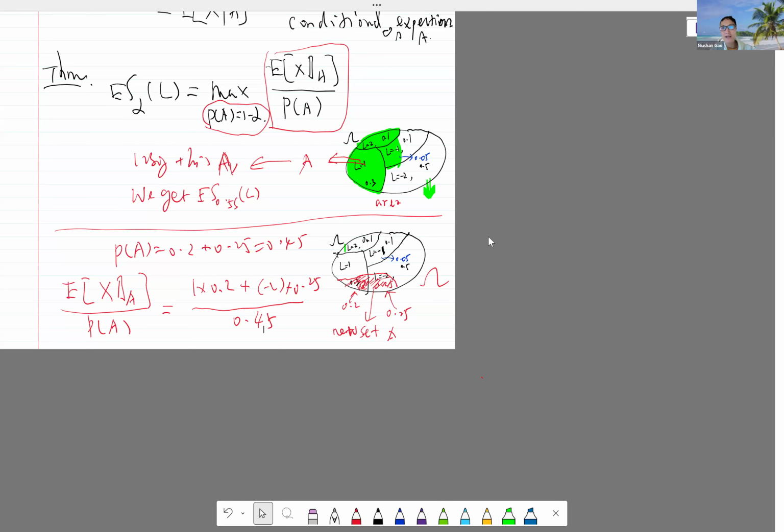Then the third largest value is L equals -1. So you take the largest possible values of L with probability 0.45 on this set. In the second case, you do find a set with probability 0.45, but on this set L doesn't take the largest values. It takes the values 1 and -2. It's not the optimal choice.